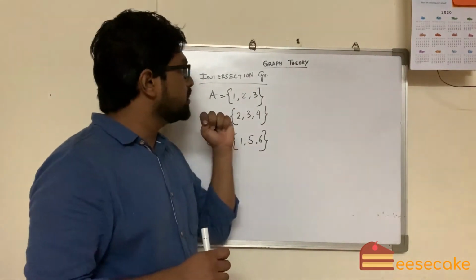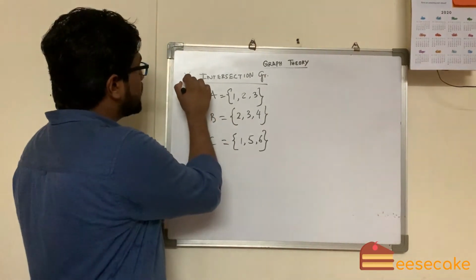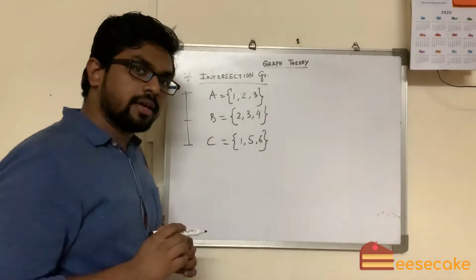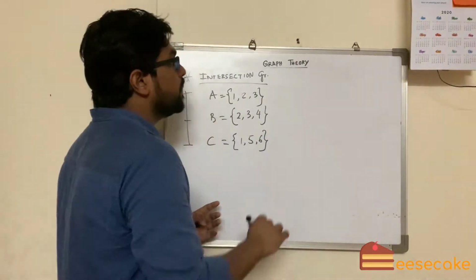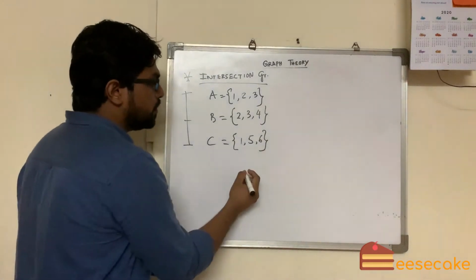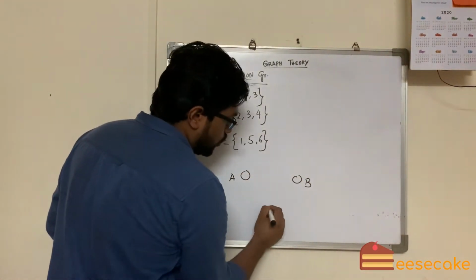By definition, I have to make an intersection graph from these given sets. How will I do that? Well, the definition says A, B and C will be considered as nodes or vertices.